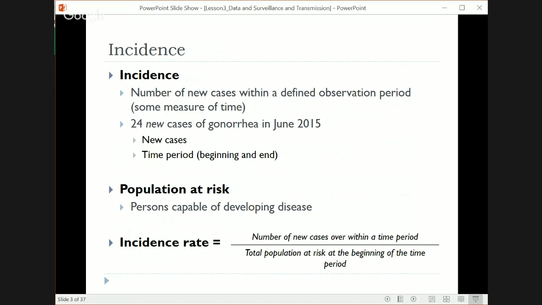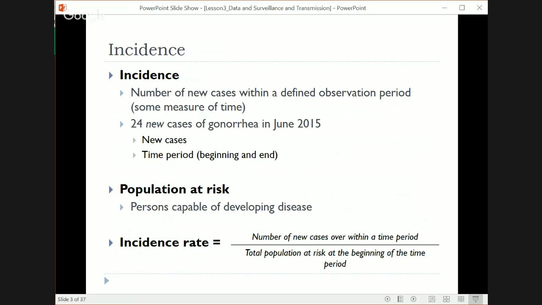Now, if I'm going to calculate an incidence rate, I need to know the number of new cases and the population at risk. The population at risk is persons who are capable of developing disease. So if someone already has the disease, they're no longer at risk. So an incidence rate is, in our numerator, the number of new cases within a time period, over your denominator, the total population at risk at the beginning of the time period.